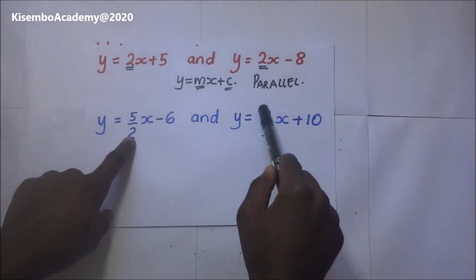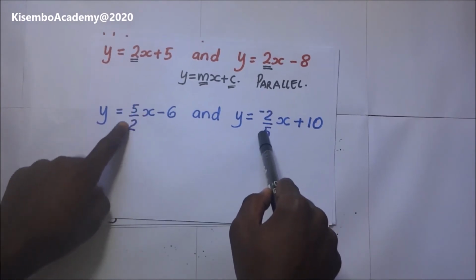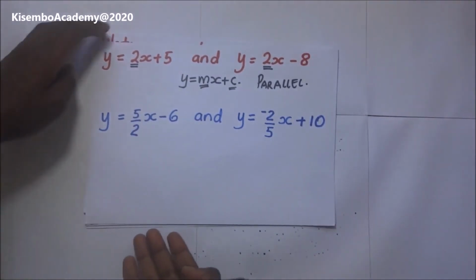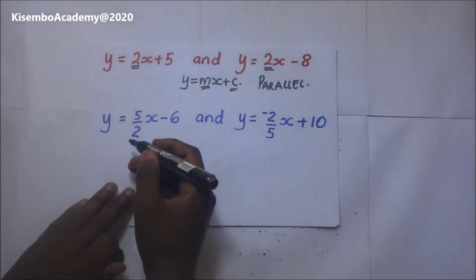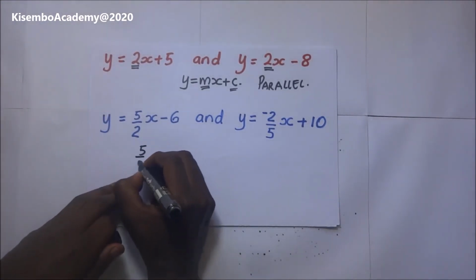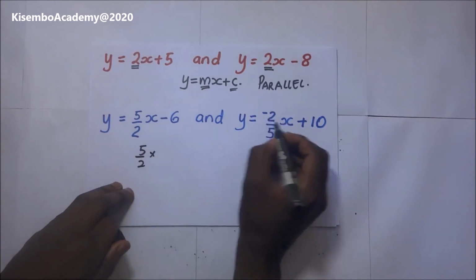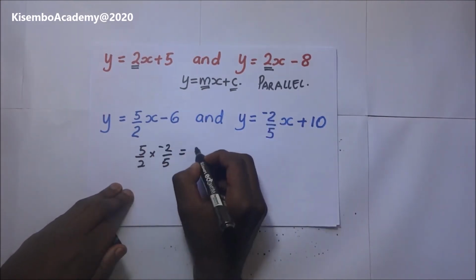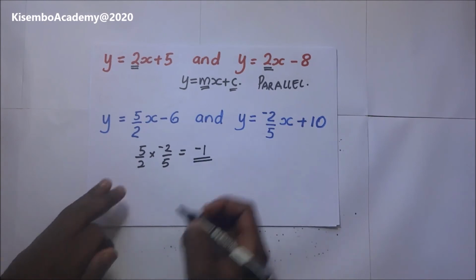Now when you look at these other 2 lines, if you get the value of m here and the value of m here and you multiply them, you're going to get -1. For example, the value of m here is 5/2. If I multiply 5/2 by -2/5, the answer I will get is -1.